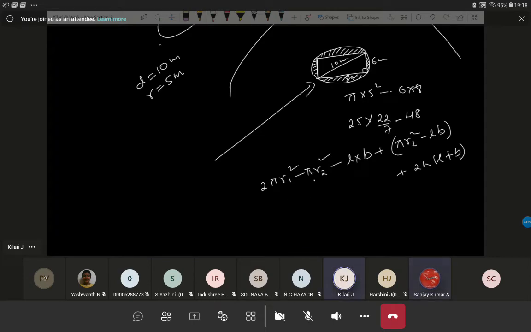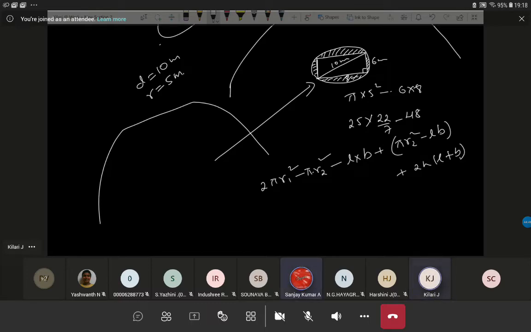Actually, this is for when a dome is constructed before arranging a cuboid on it. Assume like that. Before arranging the cuboid on top of the dome, let us construct a dome first by taking a flat surface at the top. Okay?